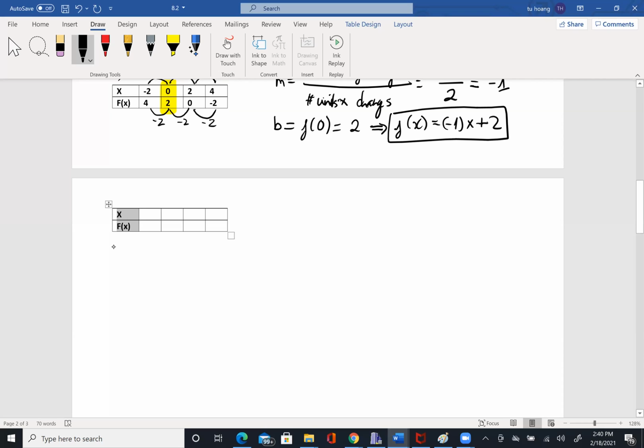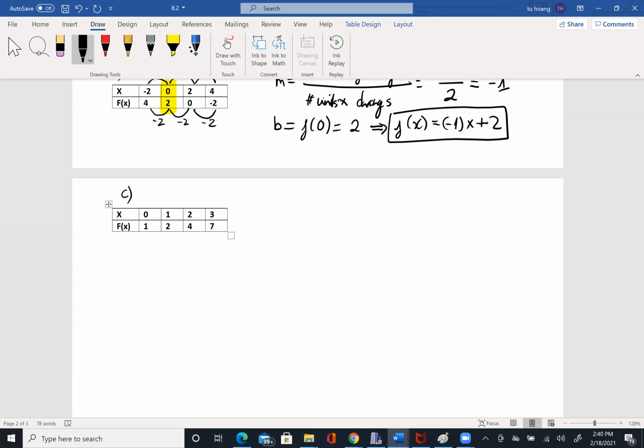So this is C. Column C has x values 0, 1, 2, 3, and y values 1, 2, 4, and 7.